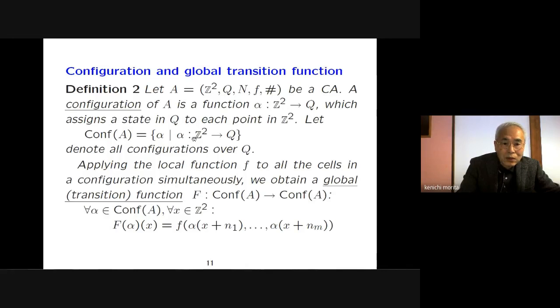Let conf A denote all configurations over Q. Applying the local function small f to all the cells in a configuration simultaneously, we obtain a global transition function, or global function in short, large F. More precisely, it is defined by this figure, but global function is defined as usual.